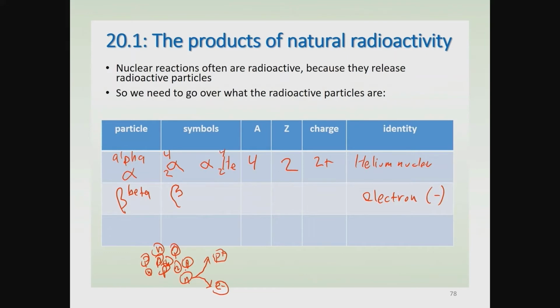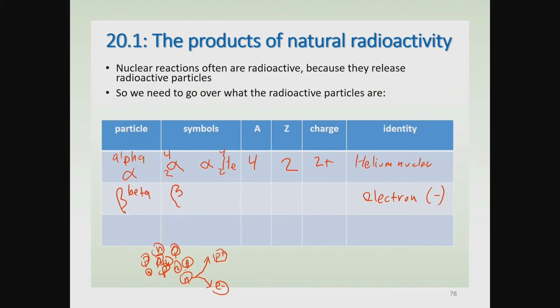So that would be the electron there. So that is something to keep in mind, which is very important with the beta particle. Again, it's an electron. It does not come from the electron shells. It actually comes originally from a neutron that broke up into a proton and an electron. Okay, so with that information, we can carry on.